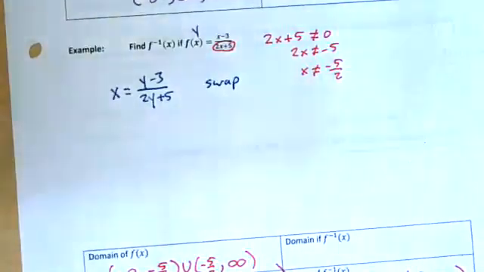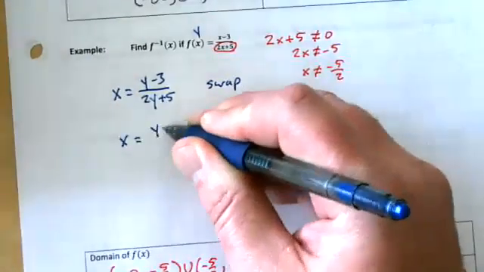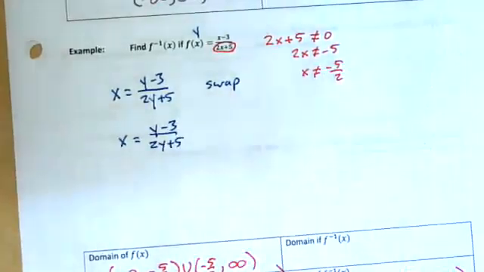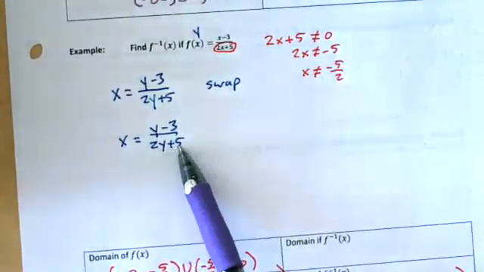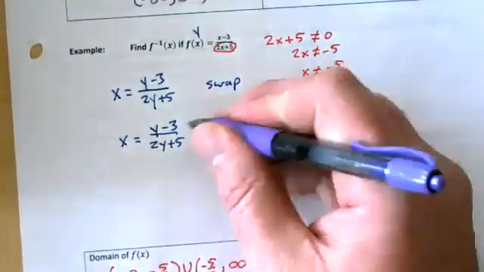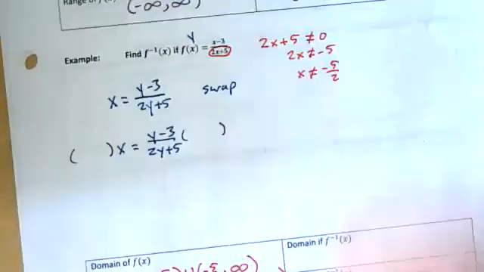Next thing we're going to do is clear the fraction. I wouldn't normally write this down as a separate step, but since this is our notes, let's be thorough here. You guys know what I mean when I say clear the fraction? I don't want a denominator here. How can I get rid of a denominator? You could multiply on both sides. If I'm tricky about what I multiply on both sides, I'll be able to cancel that denominator out.